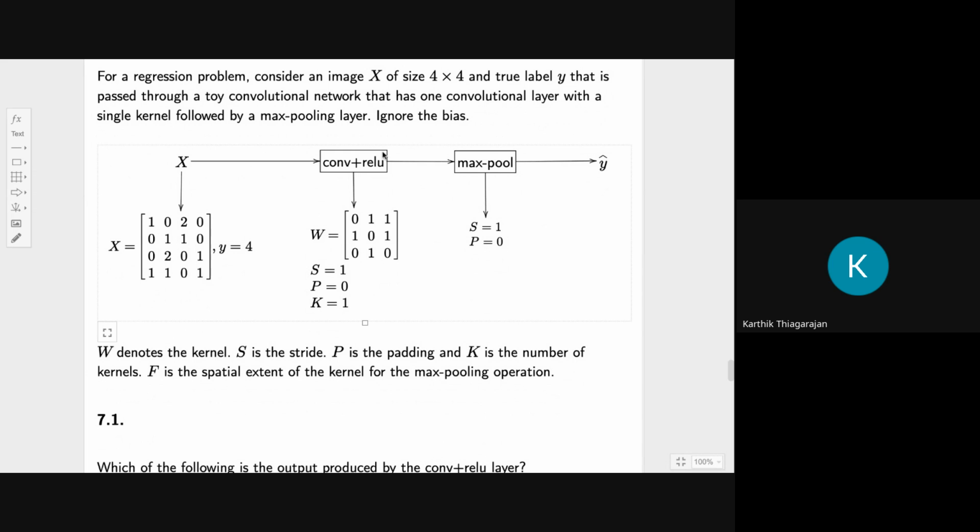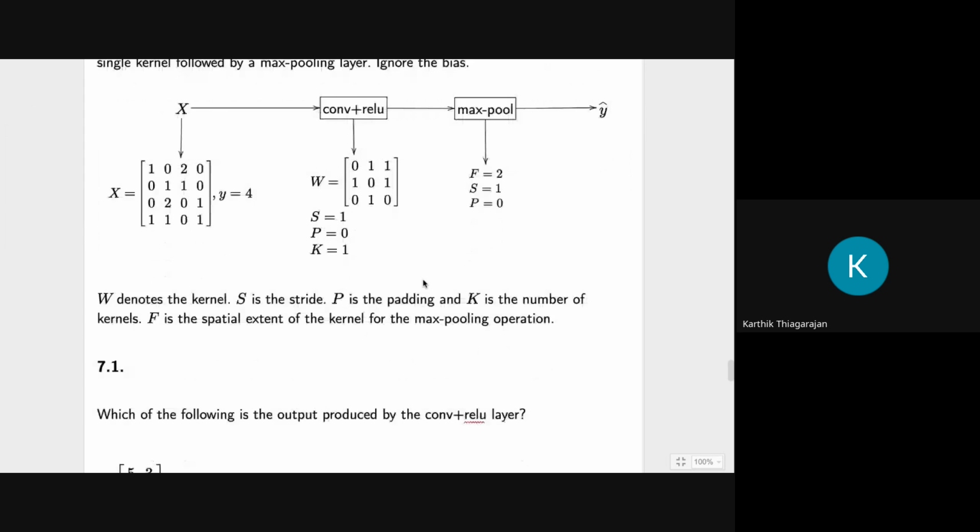This is an old image that I'm using. Let me just check what the max pool size was. Okay, so in the actual image it is different. I updated this image later on. So f equal to 2 is given in the question. I updated this and didn't update it here. Okay, so it's 2 cross 2, so you will end up with 5.